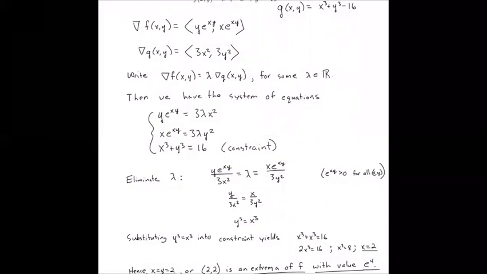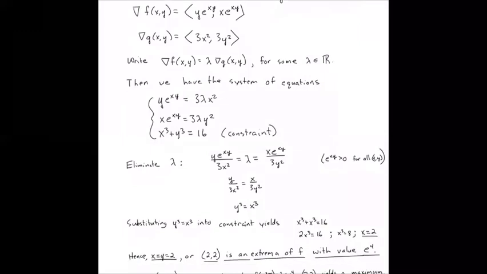Or before doing so, we can plug this into the last equation, the constraint equation. We'll get that 2x cubed equals 16. That tells us that x is equal to 2. So we have a value of x equals 2. We can come back to here where y cubed equals x cubed, or in other words, y equals x, and we get that y is also 2.